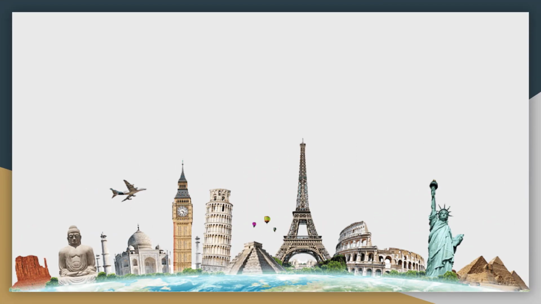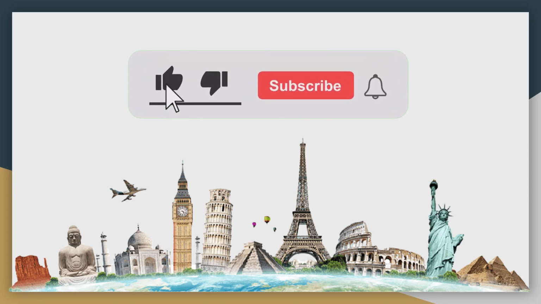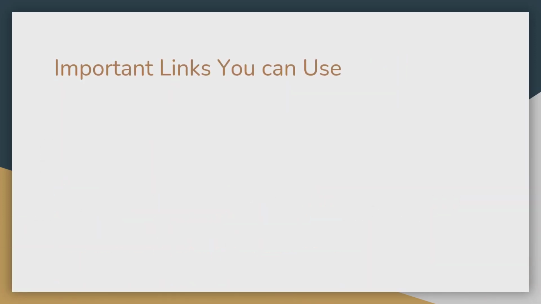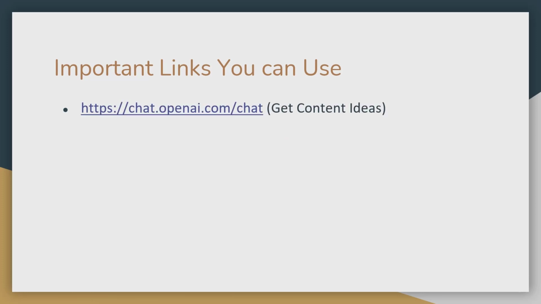Now before we end this video, I want to give you some important links through which you can create your SOP without wasting your money by paying a person outside who writes an SOP. The first thing is ChatGPT, from OpenAI, which has a lot of content.